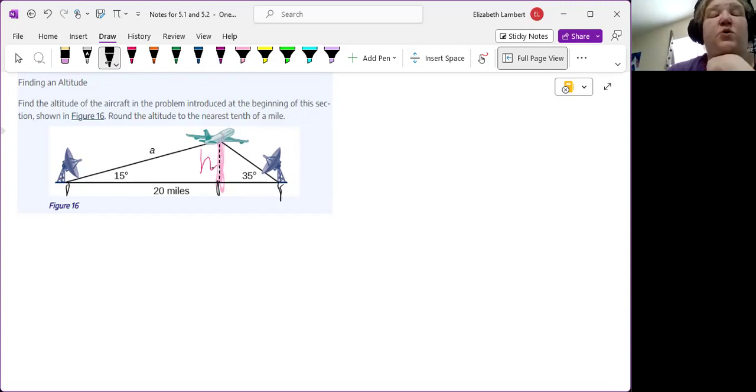Because the 20 miles corresponds with the entire angle, which is 130 degrees. So I could use that to find one of the diagonal sides using our law of sines.